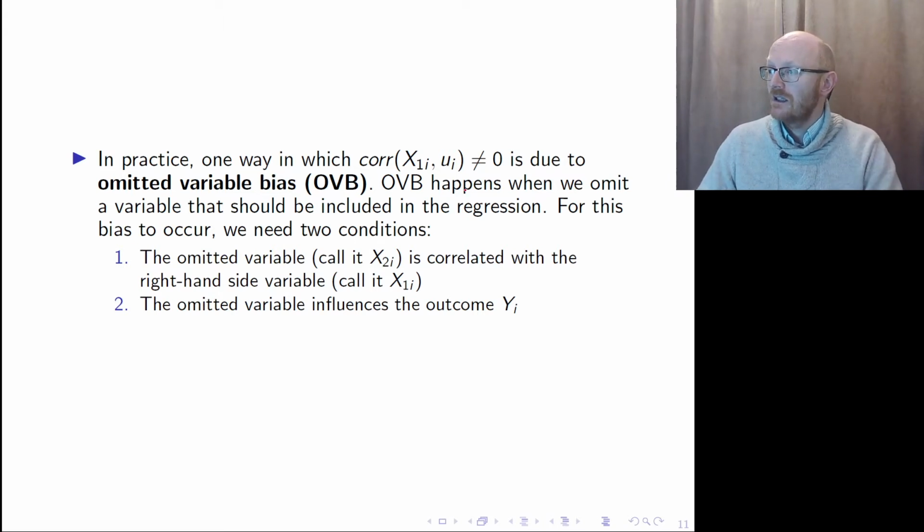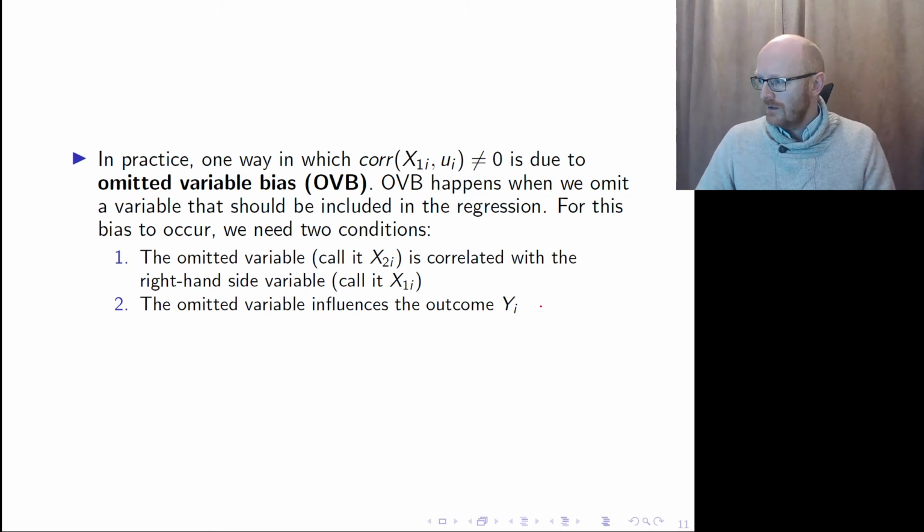And in practice, one way in which the correlation might be non-zero is due to omitted variable bias. Omitted variable bias happens if you have an x variable which is correlated with the x variable in your model, and in addition, this unaccounted for x variable is relevant for explaining the y variable, which means that it has a non-zero slope.